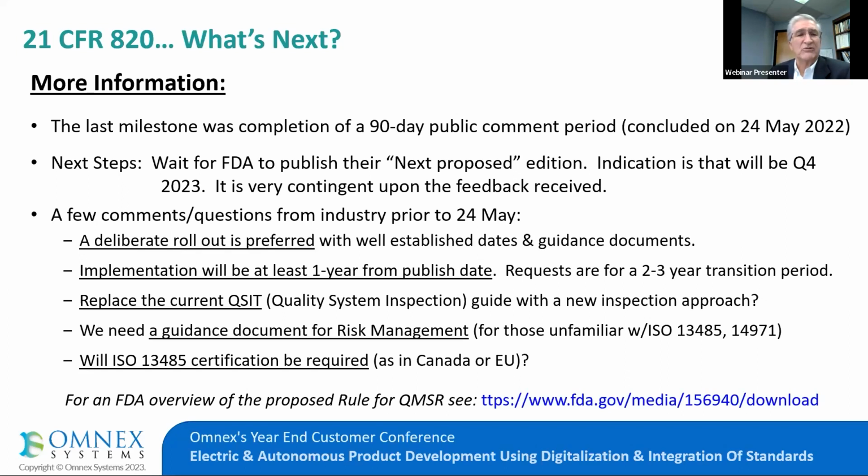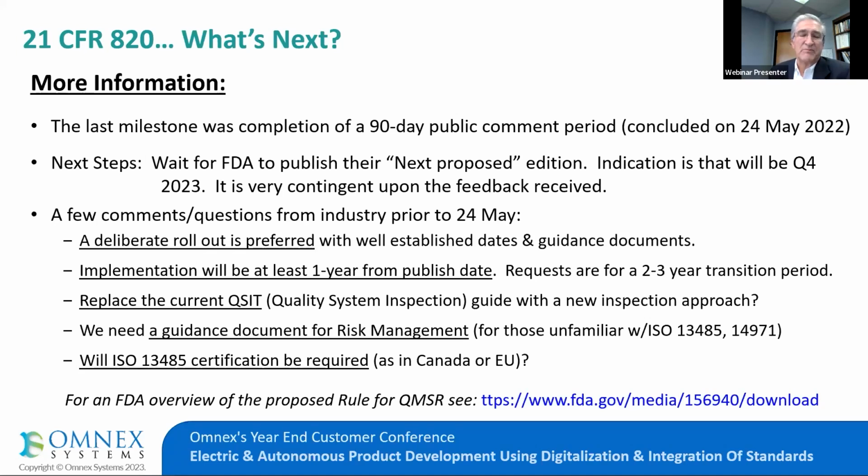To help you understand, here are a few of the comments or questions from industry prior to the conclusion in May. A deliberate rollout is preferred. The industry people really want a well-established series of dates and guidance documents to help bring all these changes forward.